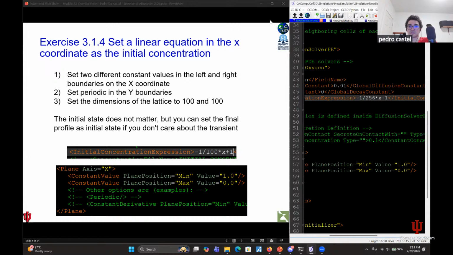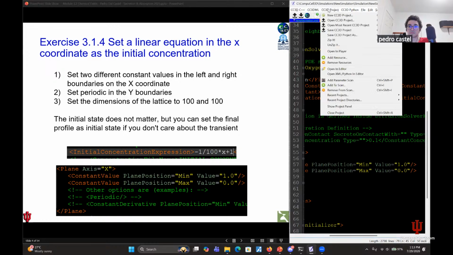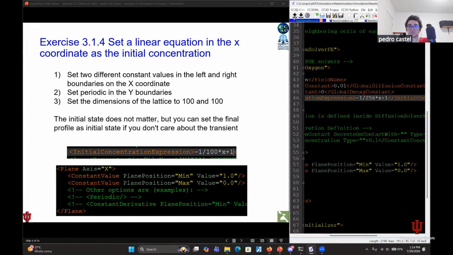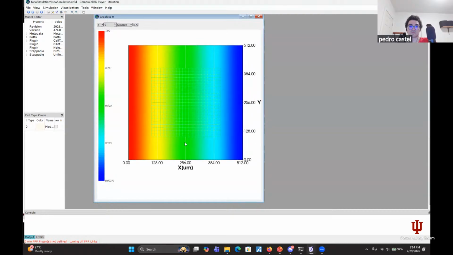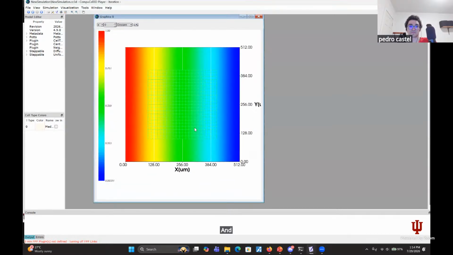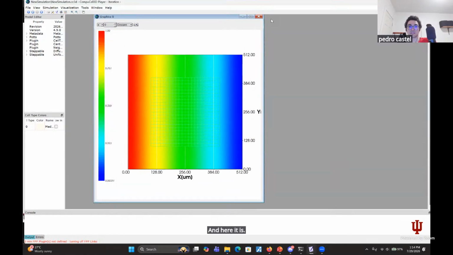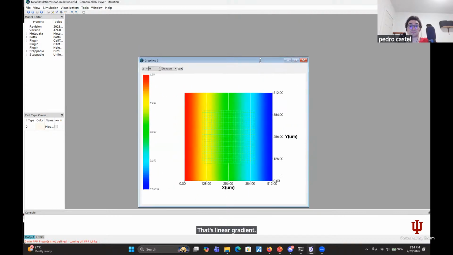Now I can run my simulation. And here it is. That's linear gradient. Linear field, sorry.